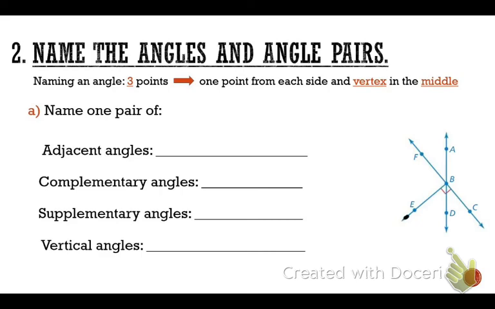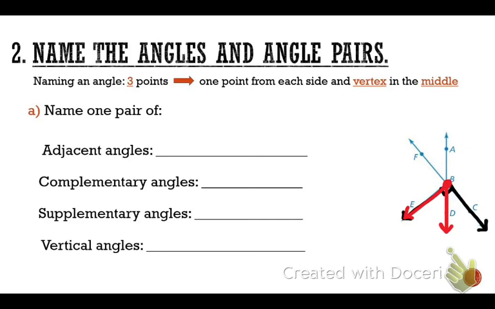So let's just identify one of them here. Could someone tell me what this is called when there's that little angle right there? It's a right angle, okay? Whenever I have that right angle, there are 2 angles that make this up. What would this one right here be called, class? Name the angle. E, B, D. Remember, the vertex always has to go in the middle.